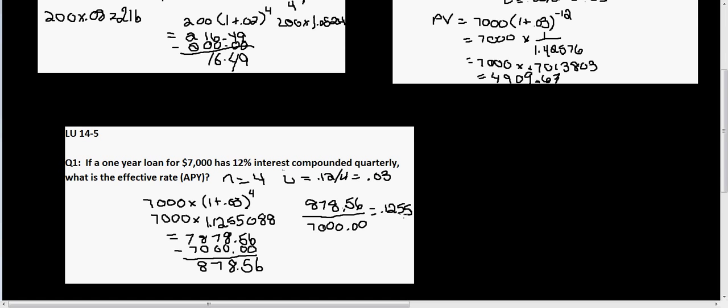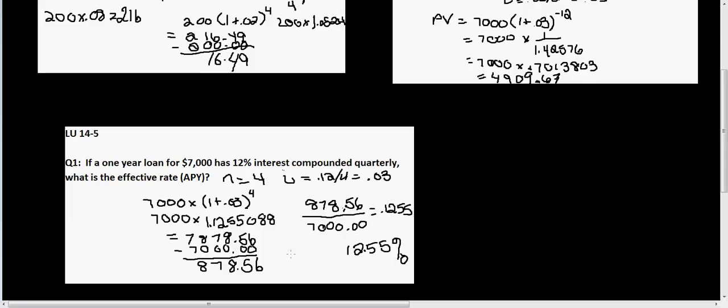Now we have to state that in terms of a percentage, so we move that decimal place over 2 spots, 12.55, and we add the percentage sign. And there we have it. We are paying an effective rate of 12.55% instead of 12%.